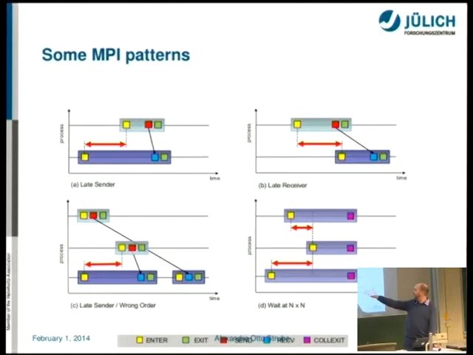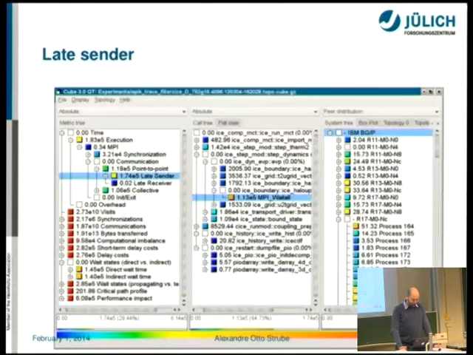You have wrong order, and you have barrier operations, and all those red arrows are delays. So, for example, this is how our tool shows a late sender. It shows the problem, where in your code, and where in the machine which is running. In this case, a BlueGene/P.